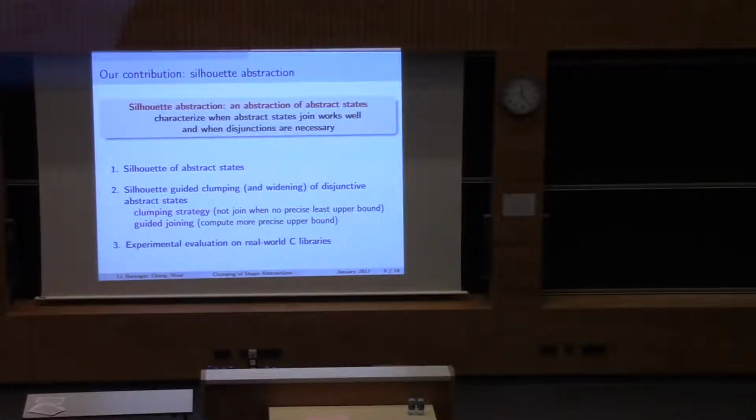Based on the silhouette abstraction, we propose silhouette-guided clumping of disjunctive abstract states, specifically the clumping strategy, which avoids joining abstract states when there is no precise upper bound, and also the guided joining, which uses silhouette join to guide the abstract state join to compute a more precise upper bound. Finally, we evaluate our technique on real-world programs.